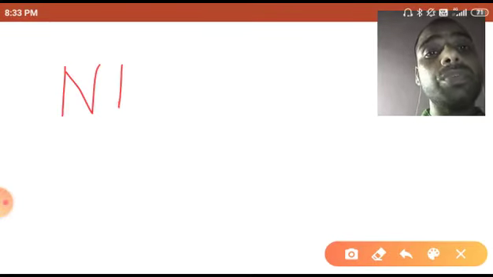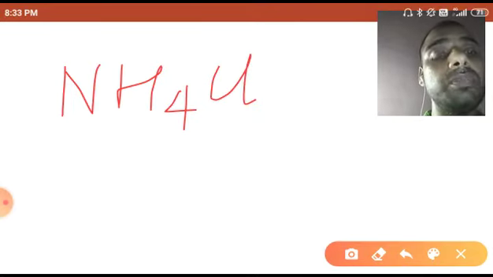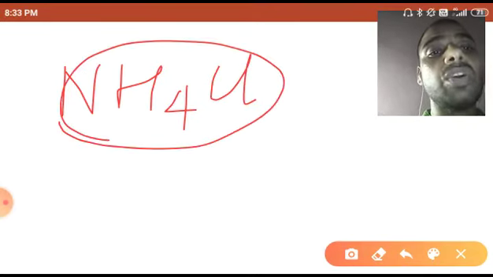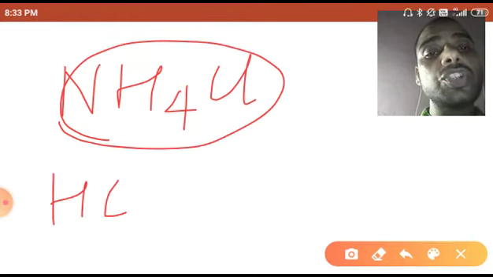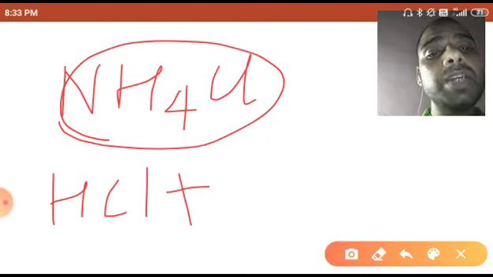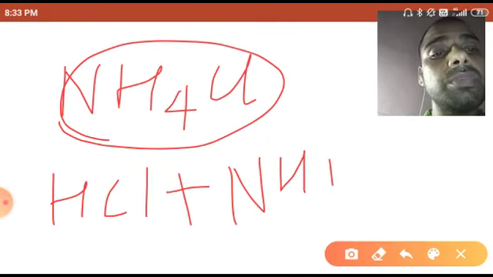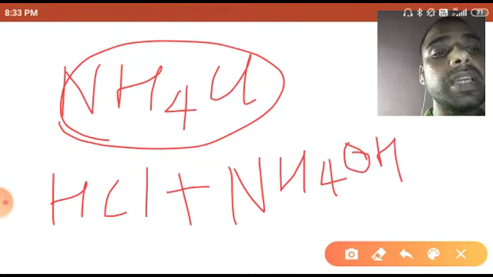Suppose NH4Cl we have to form. This one is called an acidic salt. How can it form? It can form by the combination of strong acid plus weak base. So HCl plus NH4OH.